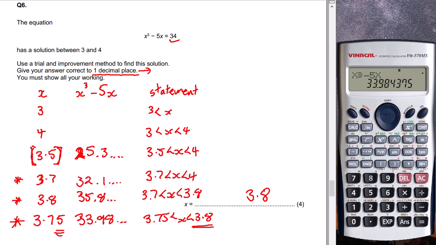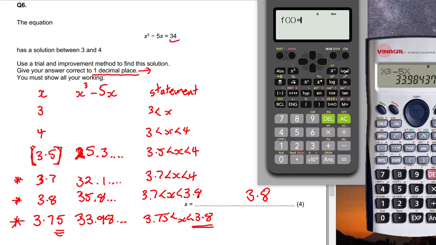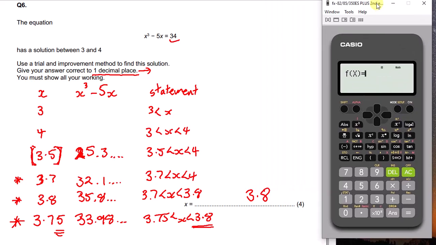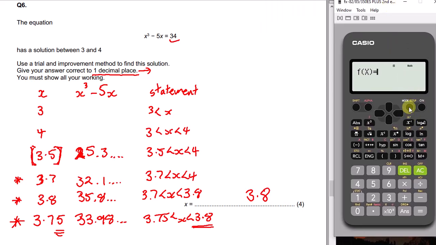People who have Casio calculators, if I can find mine. You can see I've done questions like this before, so we'll just go back to standard calculator mode, it's mode comp. There's a cheat that you can do to help you choose these numbers quite quickly. If you go into mode, table, and type in your equation, so I've got alpha x cubed minus 5 alpha x.